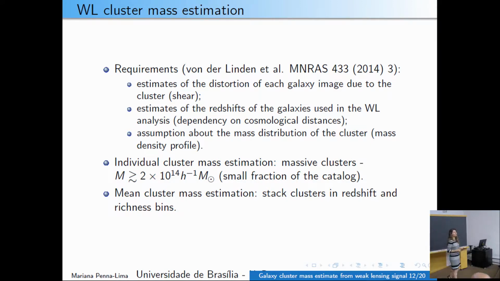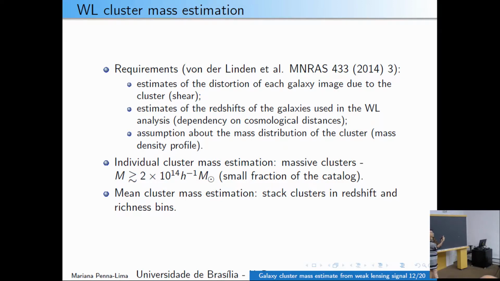So to consider most of your objects, you are going to perform a mean cluster mass estimation, which means you have to stack the clusters. As Tom mentioned, you select your clusters and divide them by richness, for example, and redshift bins.